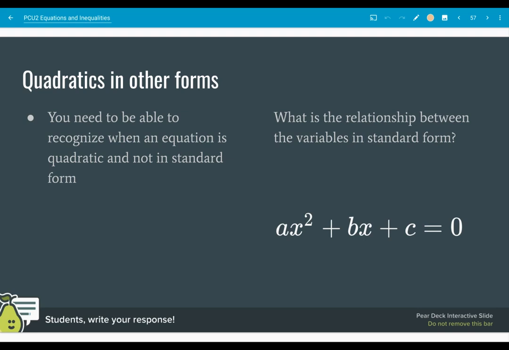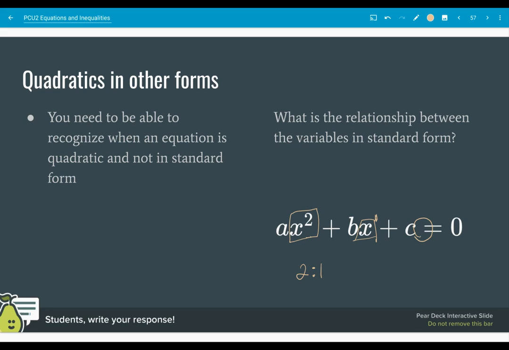In order for something to be quadratic, there's a special relationship that happens between its variables. If we just look at x squared, x, and c, this ratio is 2 to 1, technically 2 to 0, but it's always going to be 0, so we usually don't include that. It's 2 to 1.